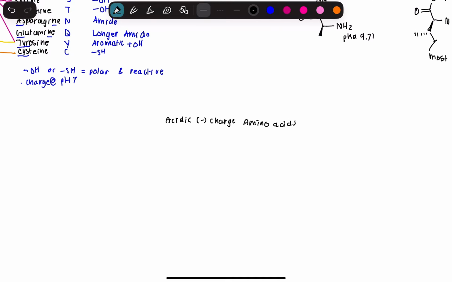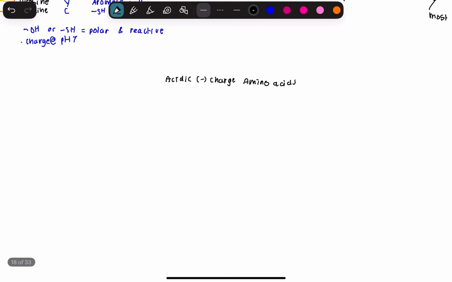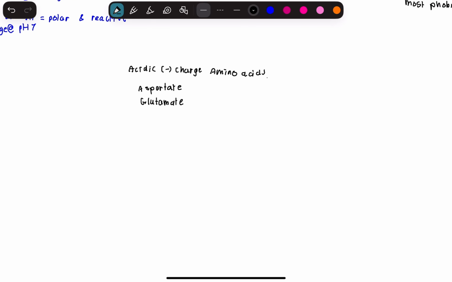It's aspartic acid and glutamic acid. And remember, it means extra carboxyl.